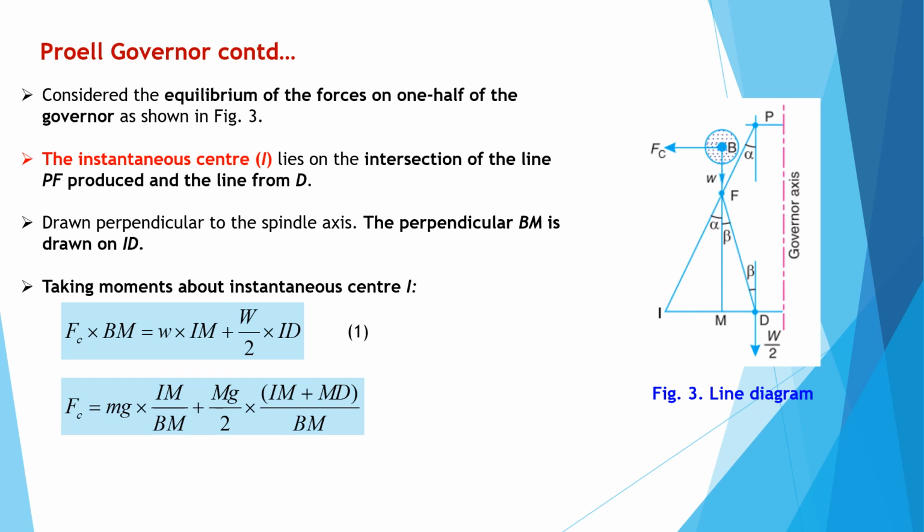Tan alpha is IM upon BF, or we can say R by H, and tan beta is equal to MD upon BF.